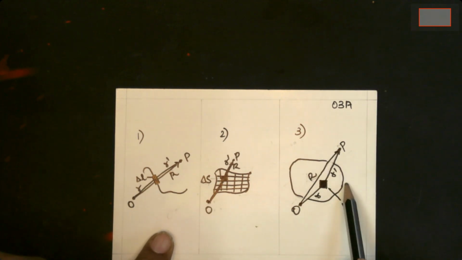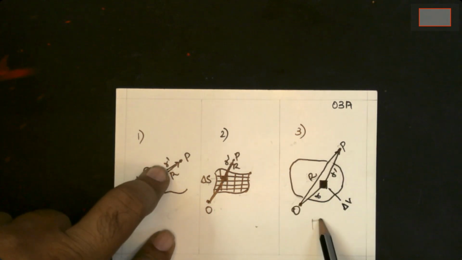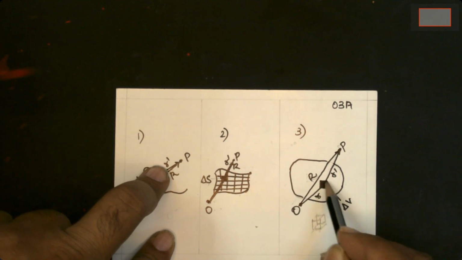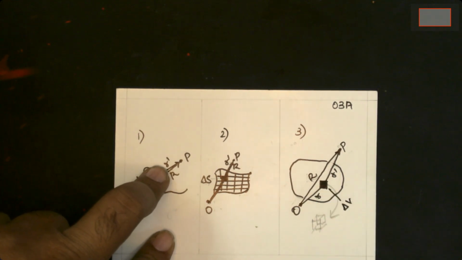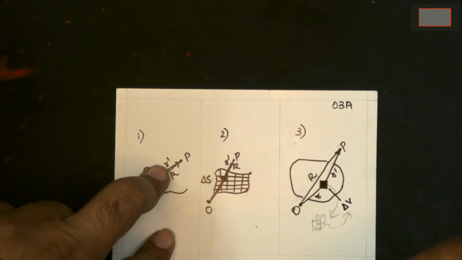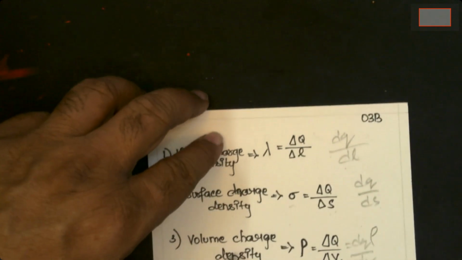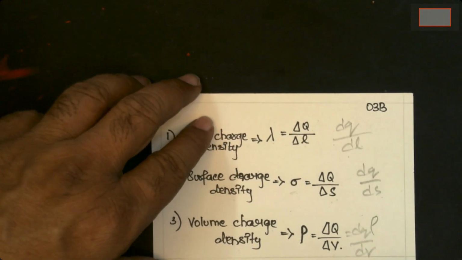And in this case, for the volume, a bulk one, we can consider a small cubical volume like this, and it can be delta V, the small v. And what could be the charge accommodated in the smaller volume? That is called dq by dv. So this is called the volume charge density, okay.